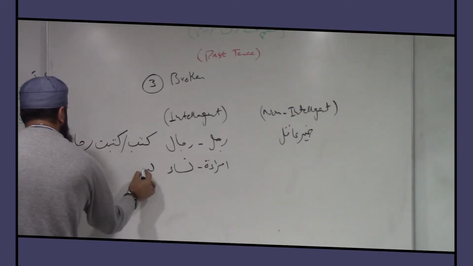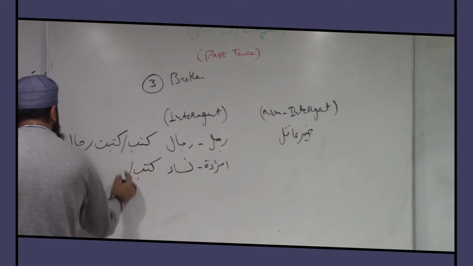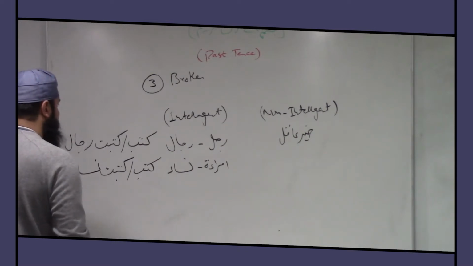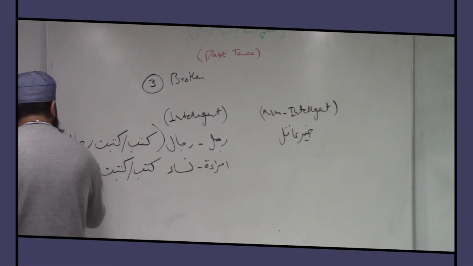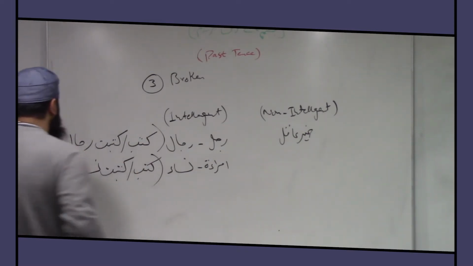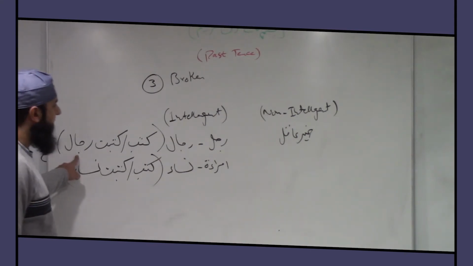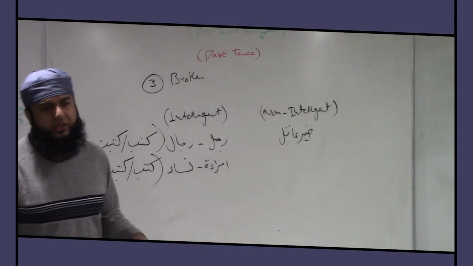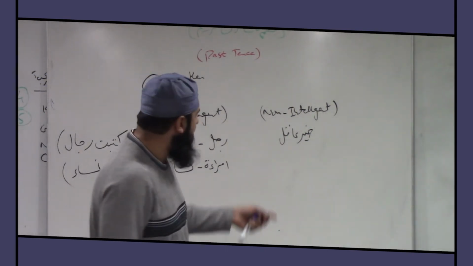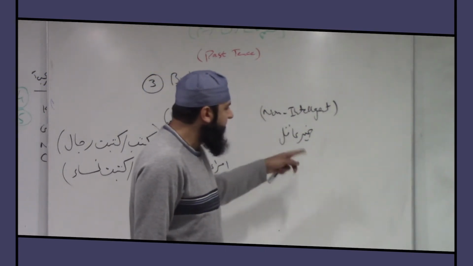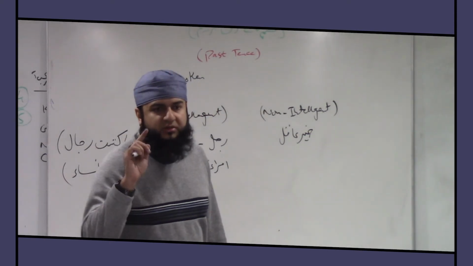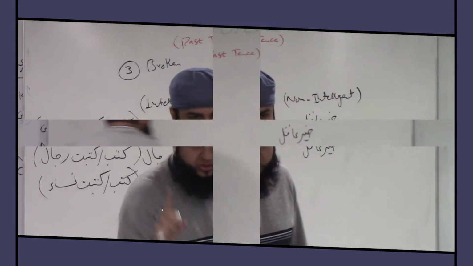You're going to say Kataba Nisa, Katabat Nisa. Got it? The reason is because this broken plural came from a singular intelligent. That's why you're going to use it. If you have something from here, what are you going to use? Singular feminine. We have our rule.